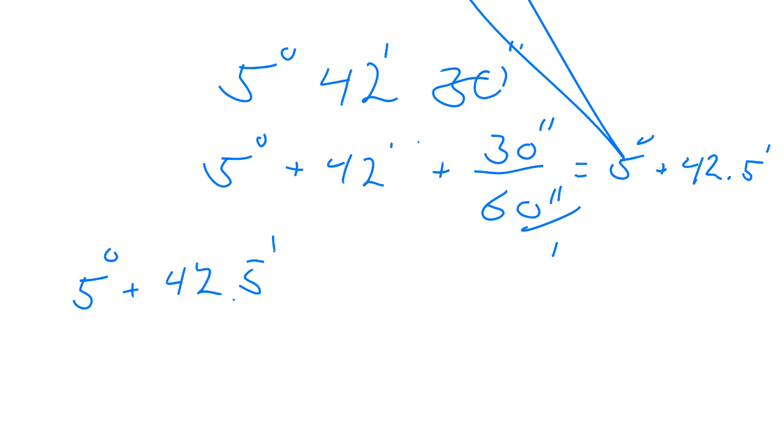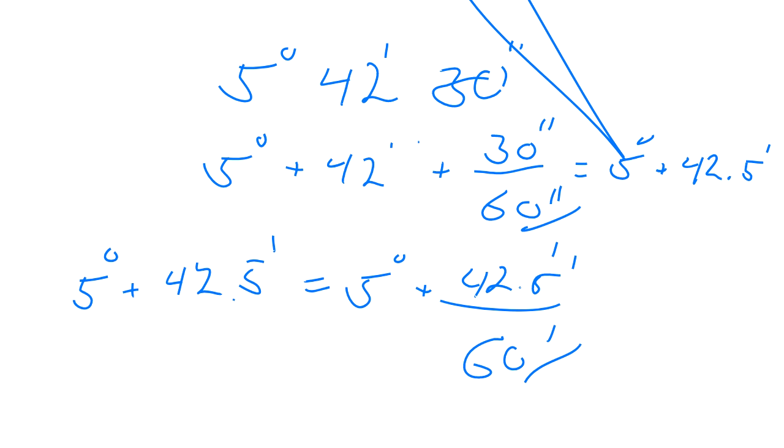Now we do the same thing for the 42.5. We divide that by 60 to get that into degrees. So this is going to be 5 degrees plus 42.5 minutes over 60 minutes per degree.